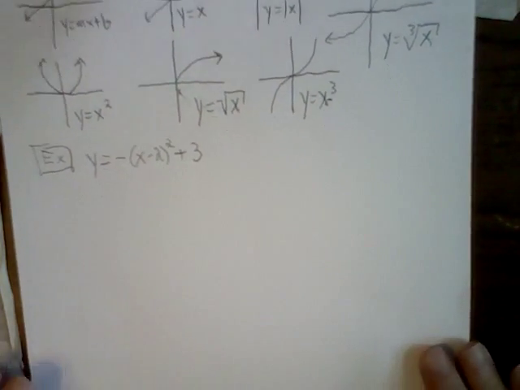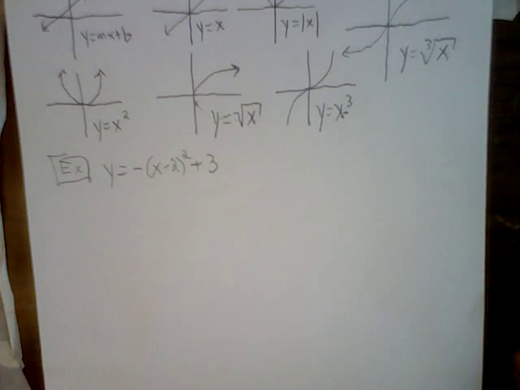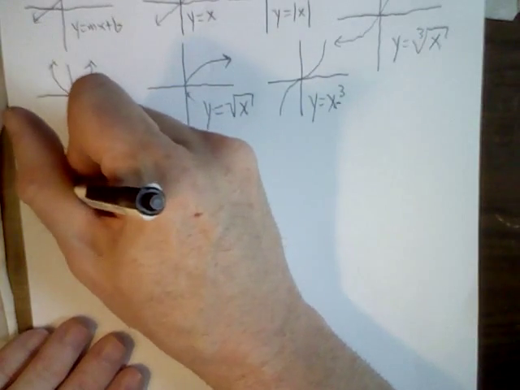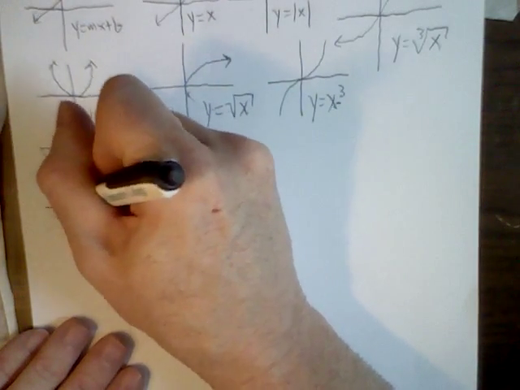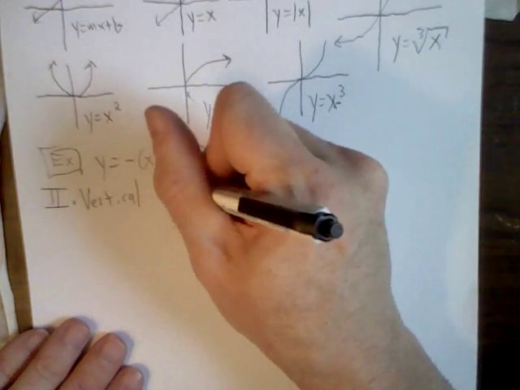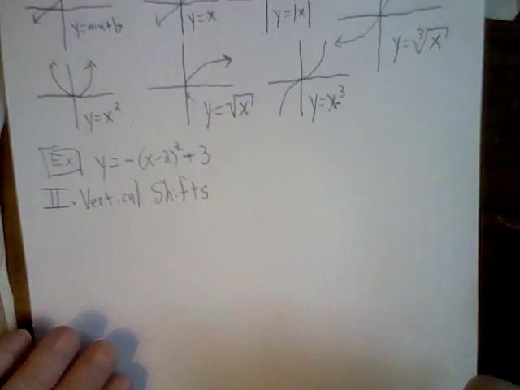Okay, so there are about 4 or 5 or 6 different kinds of transformations. And the first one we look at are the verticals. Okay. Turns out there's a particular order of transformations that you have to follow.